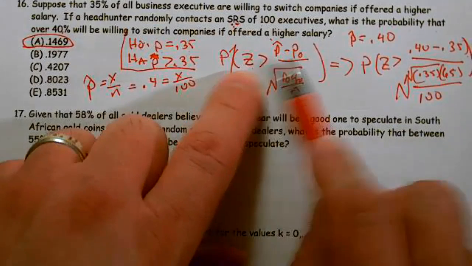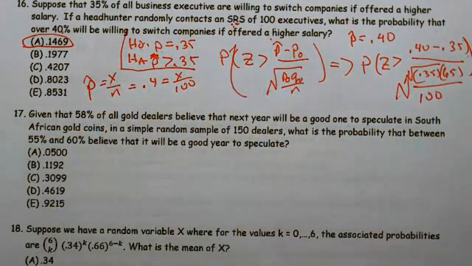Proportions will always refer to a Z. They will never refer to a T. So that will help a little bit. That doesn't get us everything we need to know on that question. This is a big question. So proportions are going to be working with a Z always.